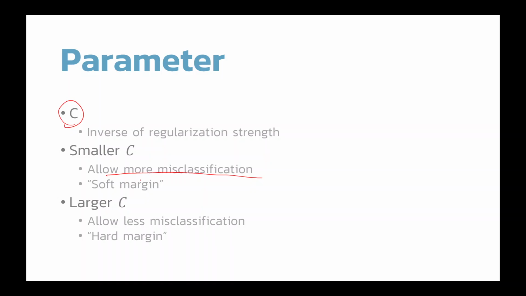The name is soft margin, but I don't think you need to be concerned with that because you need to know a lot more about margin. But again, smaller C can be more stupid. I guess that's my tagline. Larger C, I guess, will give a better model, but it can be a little bit more noisy too.